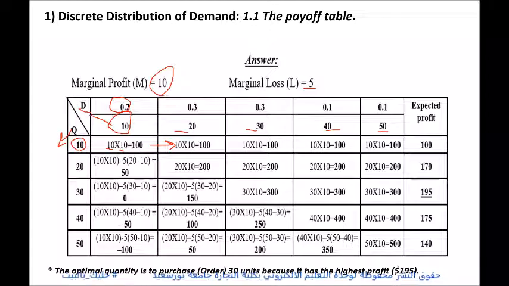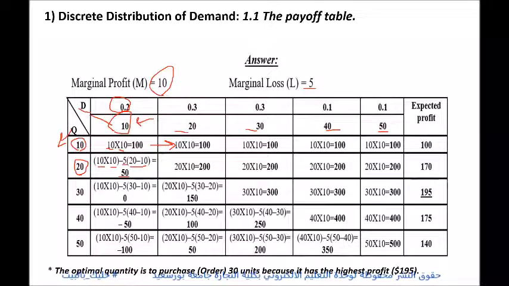If you have 20 and the customers need 10, you will sell 10 at $10, so it will be 100, and the difference between 20 and 10 is 10 here times the loss 5. 100 minus 50 will be 50, and you can complete the rest.